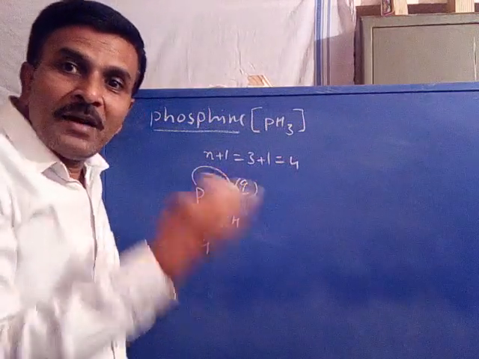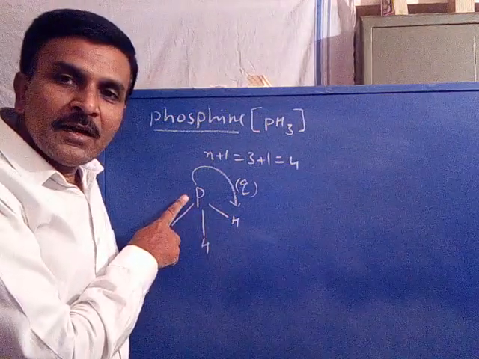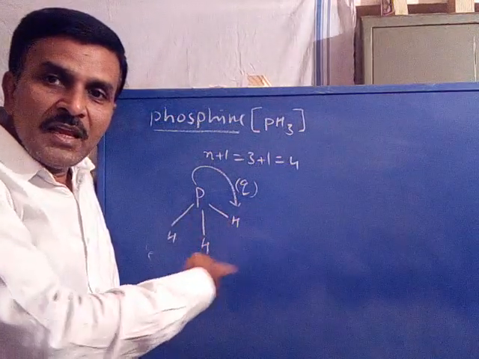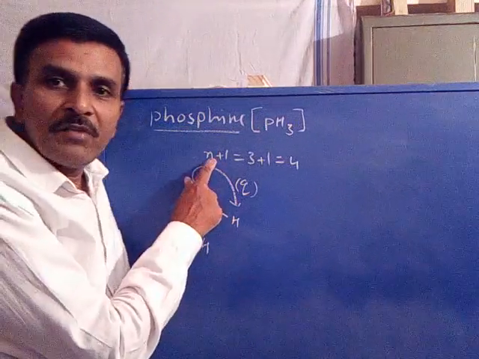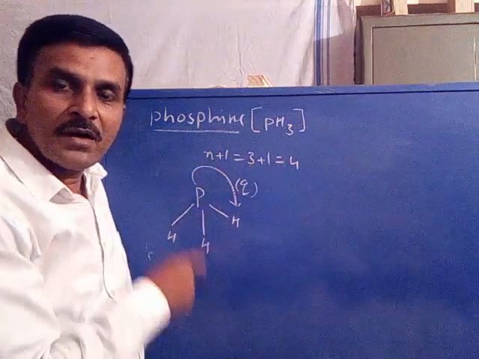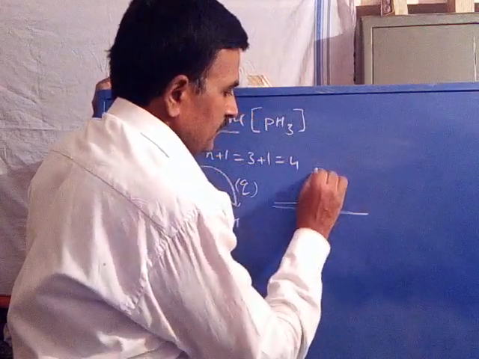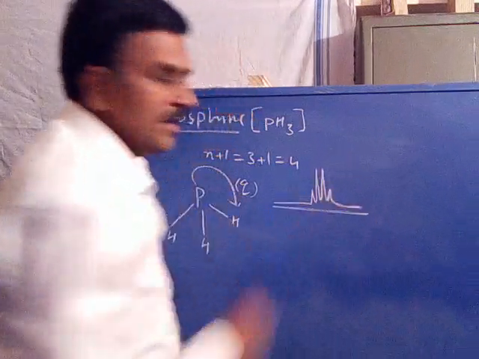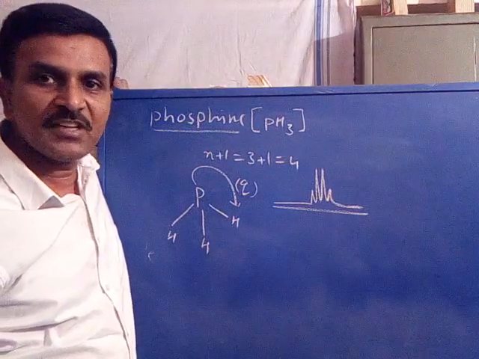There is no further multiplication. Why? Because the phosphorus is coupled with 3 equivalent hydrogens, only one equivalent set. Therefore n plus 1, 3 plus 1 is equal to quartet. So a simple quartet appears for phosphorus in phosphine. Is it clear?